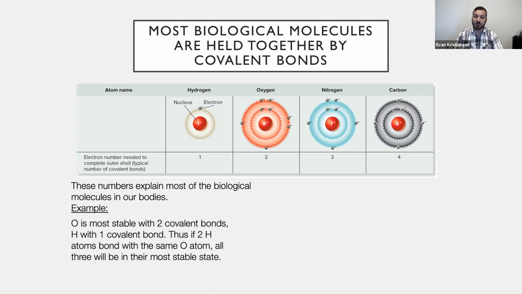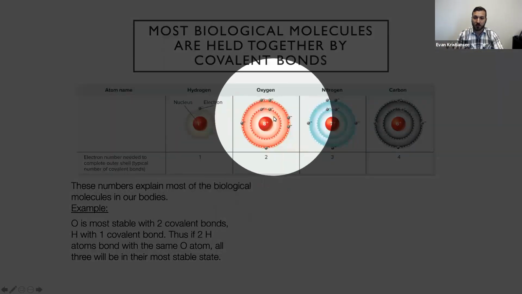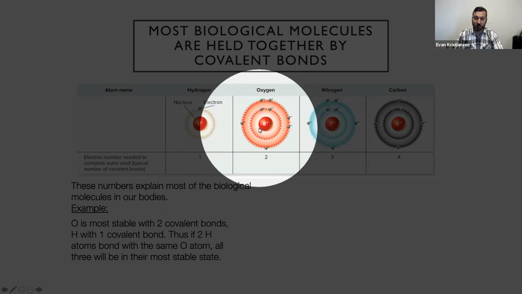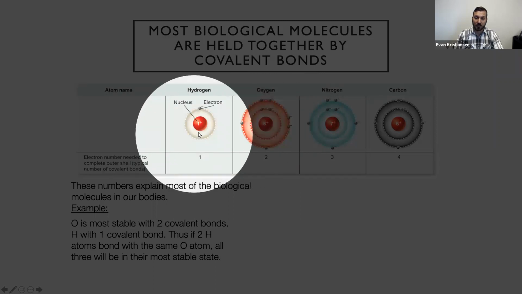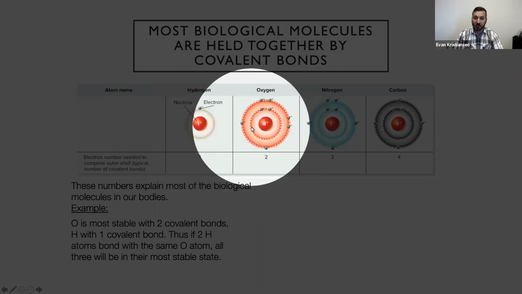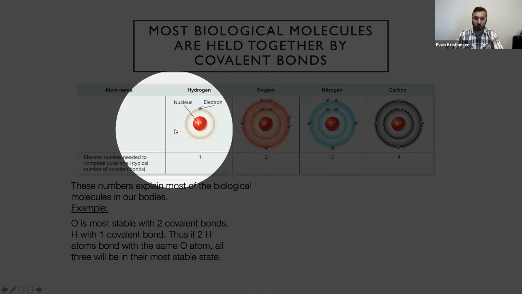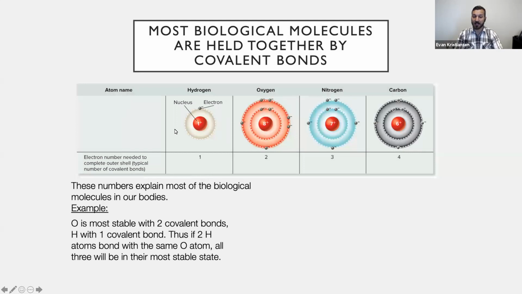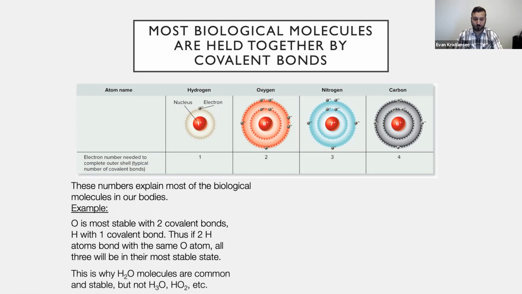Oxygen needs 2 electrons to complete its electron shell, and hydrogen needs 1. And so between these two, you need 1 oxygen and 2 hydrogens to stabilize the outer shell. And that results in H2O being the molecule that we create.